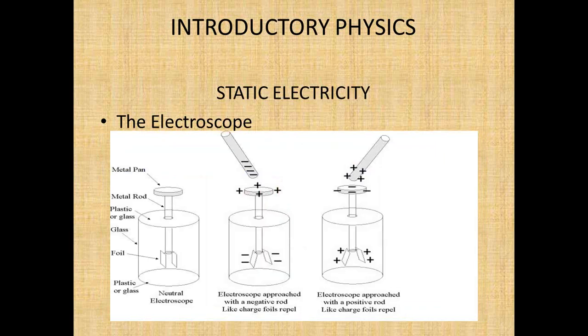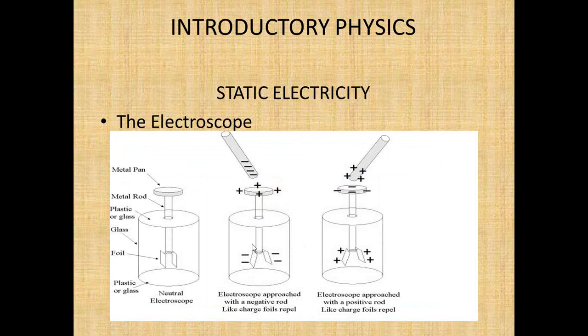Okay, let's look at the leaf again. You have a metal pan right there. You have a metal rod. They're all conductors. And then this is metal foil in the form of a leaf. If everything is neutral, they just lie parallel. If you bring a negative rod in close proximity to the metal pan, it's going to push the electrons away.